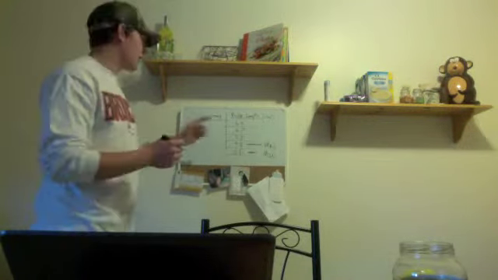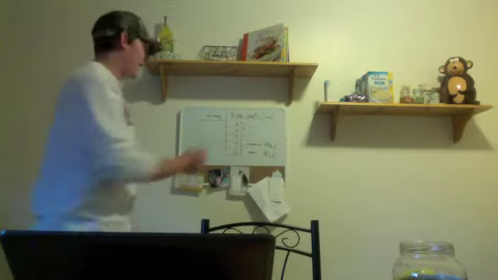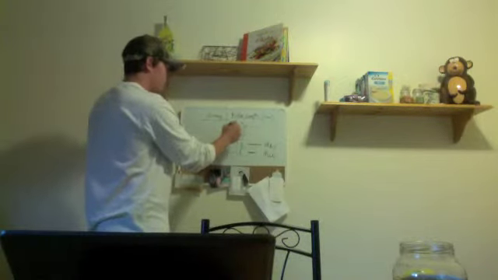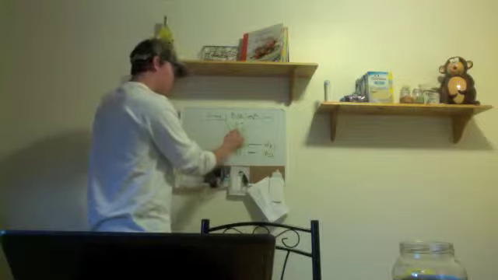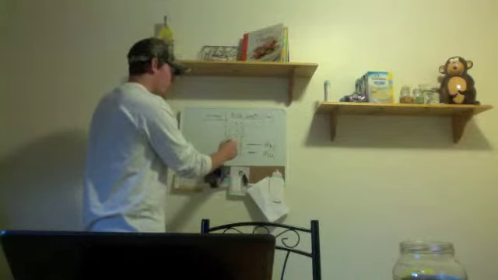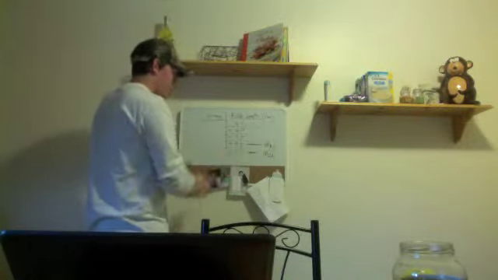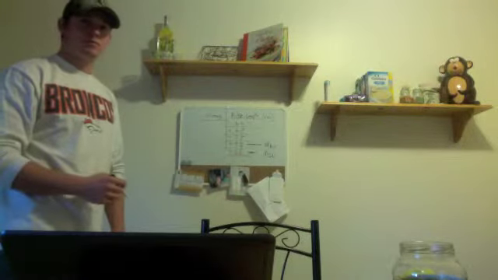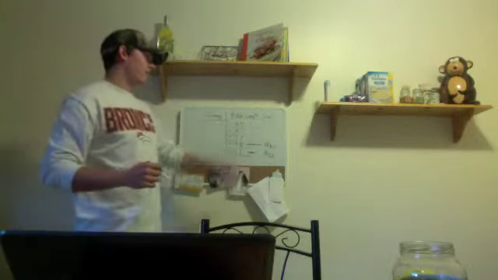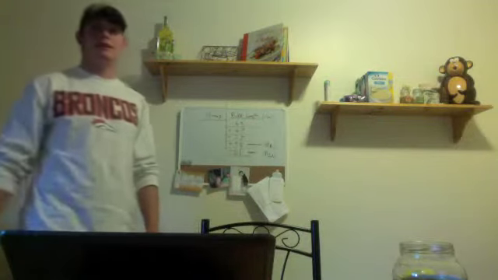N is the number of pickles altogether. So we're going to add all of these lengths up. So 6 plus 6.7 plus 7.5 plus 9.8 plus 5.1. Add all of those up and then divide by 5 because 5 is our n.